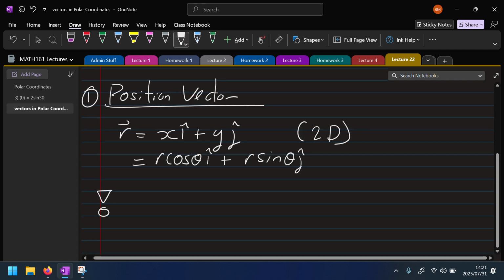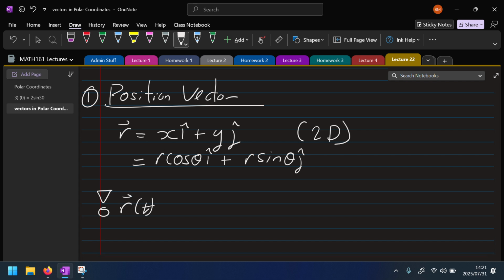So just keep in mind that this position vector here will also depend on time. So we can write it as r of t cos theta of t, again, the angle can depend on time, i hat plus r of t sine theta of t j hat.